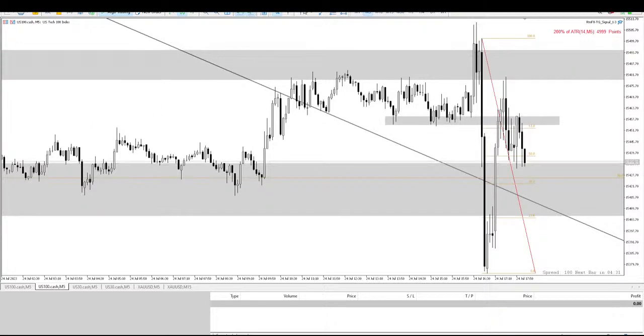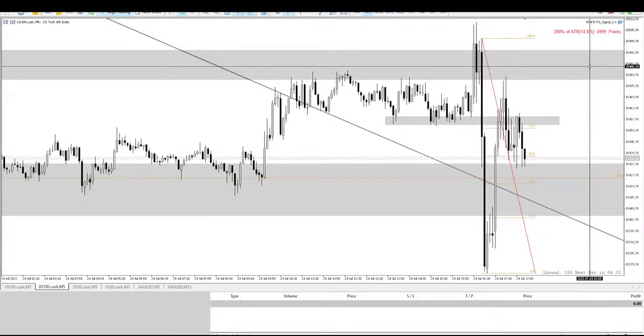$15,486. I'm guessing your broker has big spreads, man, because price never got that far for me. 6.6.